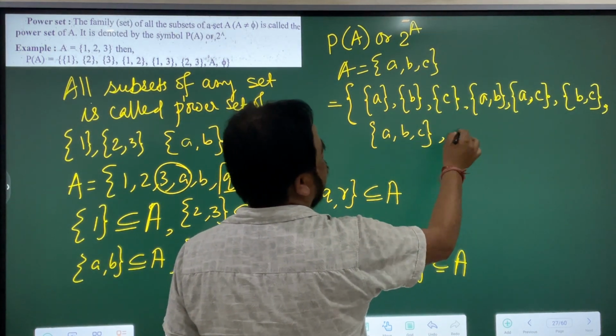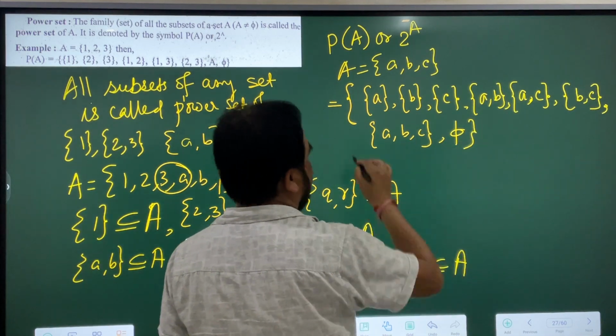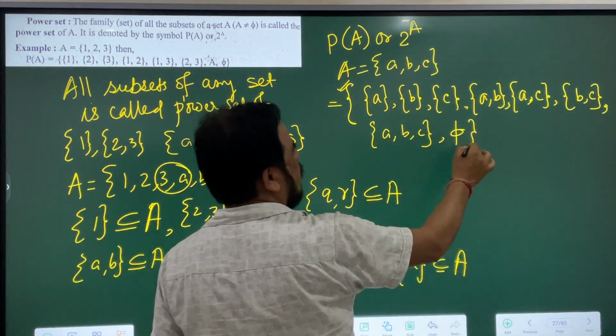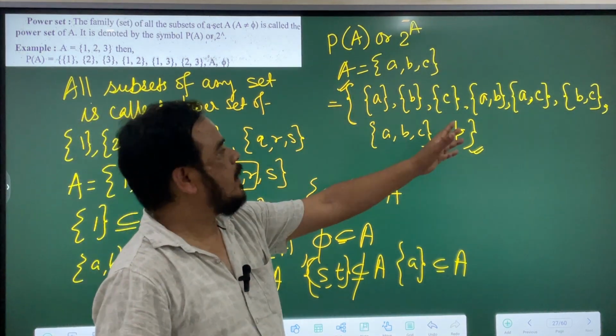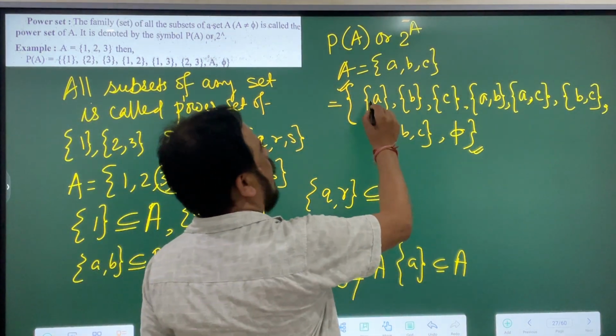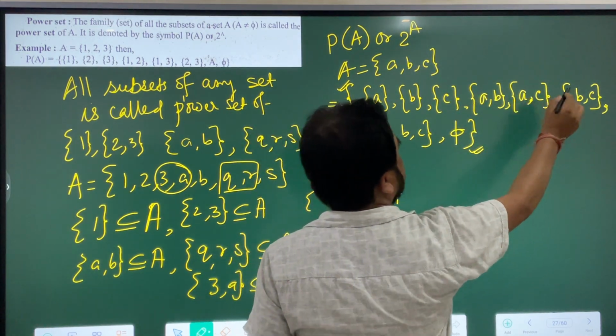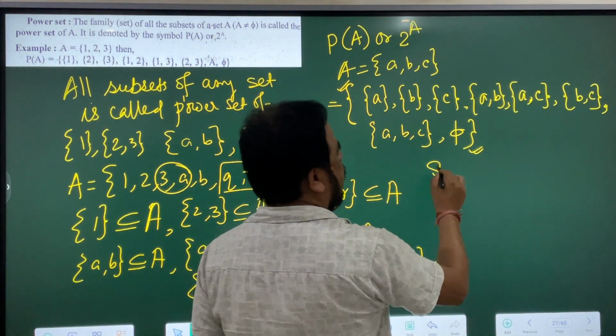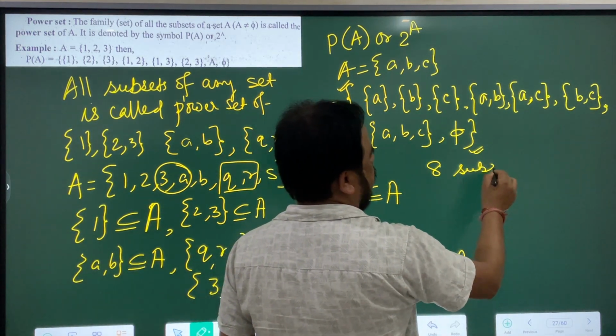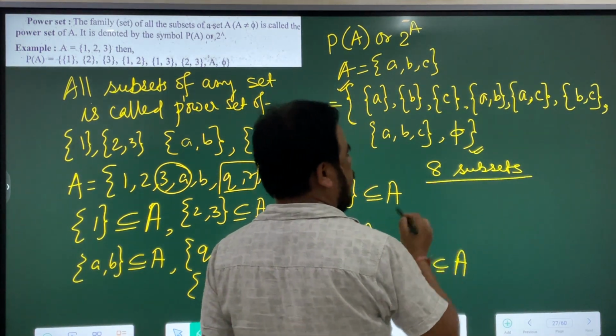So 3 elements. Then phi, which is always a subset of any set. This is the starting brace and this is the ending brace. Inside this, how many subsets are there? 1, 2, 3, 4, 5, 6, 7, 8. We have got 8 subsets.